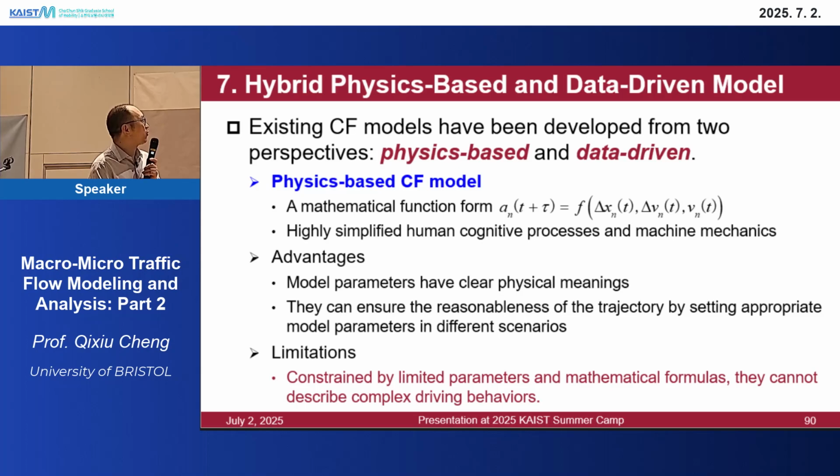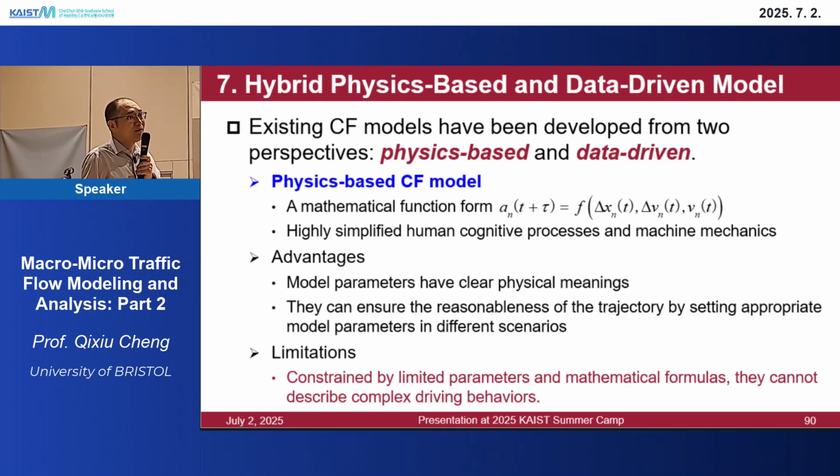A is the acceleration, tau is the reaction time. Acceleration is related to delta x, the space headway, delta v, the speed difference, and v, the speed of the following vehicle. They are related to these three terms. So this is a very simple form.